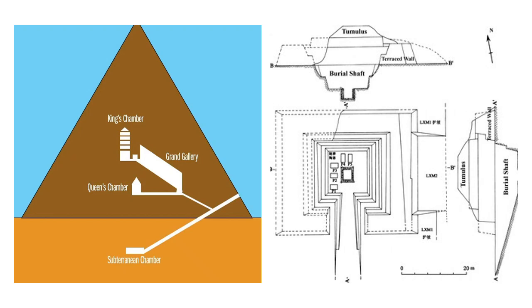Their sheer size, the perfect geometry, and the alignment with the cardinal directions are a testament to the advanced mathematical and engineering skills of the ancient Egyptians. The structures are a display of raw monumental power and are designed to endure for millennia.